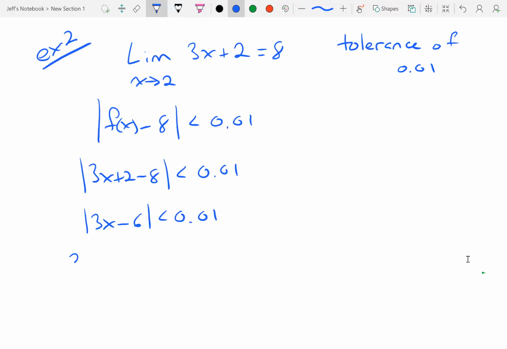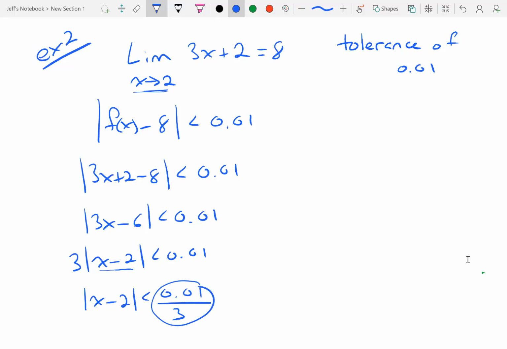I can factor out a 3 to get the absolute value of x minus 2 is less than 0.01 over 3. And I want you to recognize that what's left is x minus 2, and it is no coincidence that we had x approaching 2 in our limit. So that gives me that x minus 2 in absolute value is less than 0.01 divided by 3. Now that's going to end up being a repeating decimal, so I'm just going to leave it like that for a moment. But this is the answer that we are looking for.